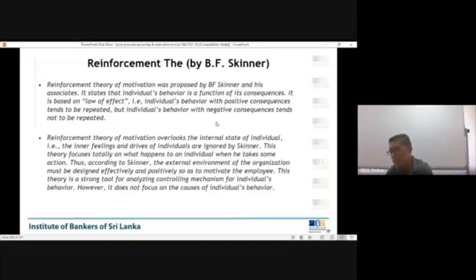Now, what is reinforcement theory talking about? Actually this research was done by Skinner using rats, right? Now you see, when you look at how the rats are moving, rats use the same track.